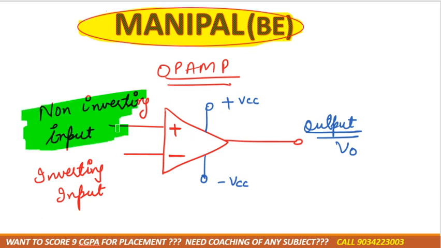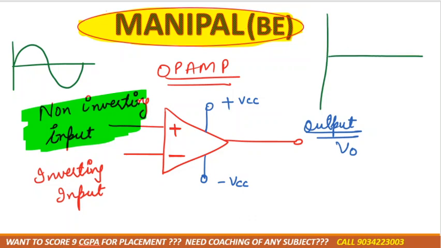If I provide the voltage to the positive terminal, not towards the negative terminal, then in that case non-inverting means, suppose we are giving the voltage with this supply, and the output voltage will have the same phase. Same phase means first here you can see it's a positive cycle, then negative cycle.